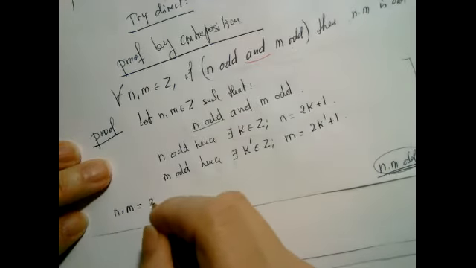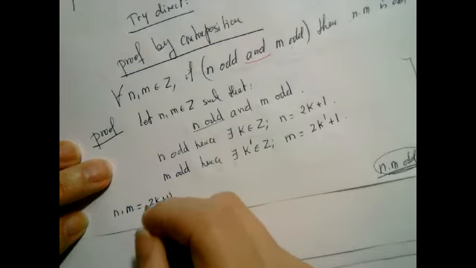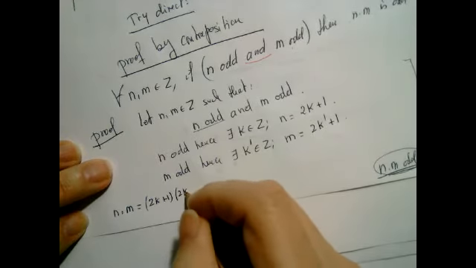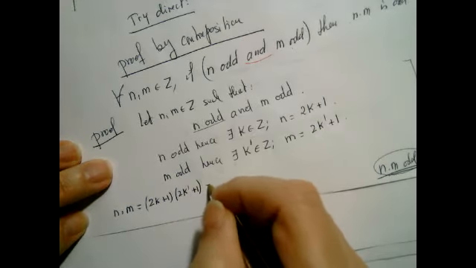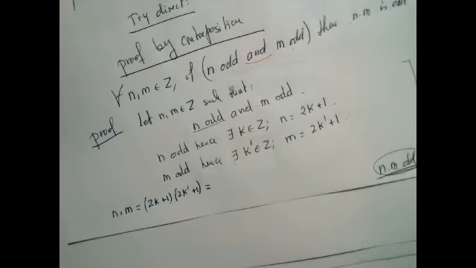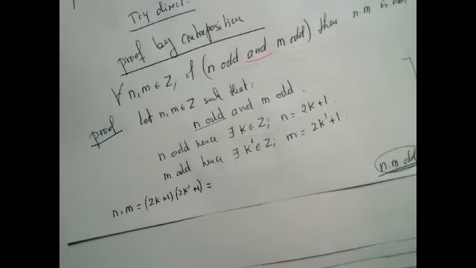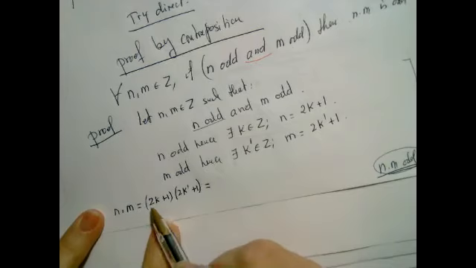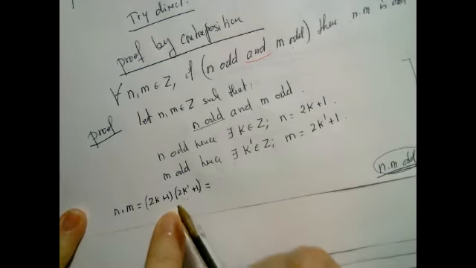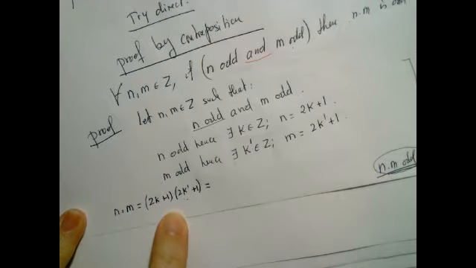And then I will get 2k plus 1 times 2k prime plus 1. So basically I'm showing the product of two odd numbers is odd. And I think I've done this before, but it doesn't matter. Now I just multiply. Because what is an odd? It's 2 times an integer plus 1. You want to show me something odd? You show me it's 2 times an integer plus 1.